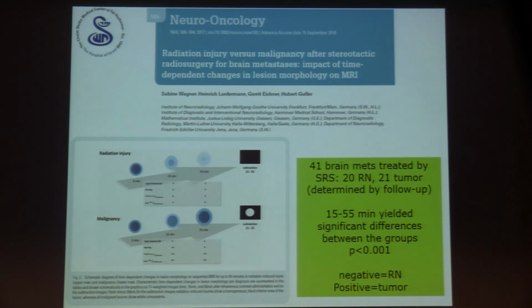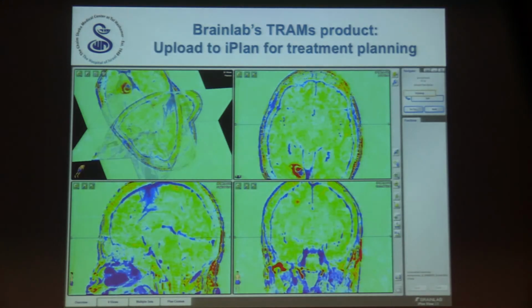This is a German group that showed that they can use not 5 minutes and an hour, but 15 minutes and 55 minutes, and they do a subtraction, and they also show that they get a nice differentiation between radiation necrosis and malignancy in a more homogeneous group of patients, which are all brain mets after SRS. So this is really nice for us. I heard there's another such study that hopefully will be published soon.